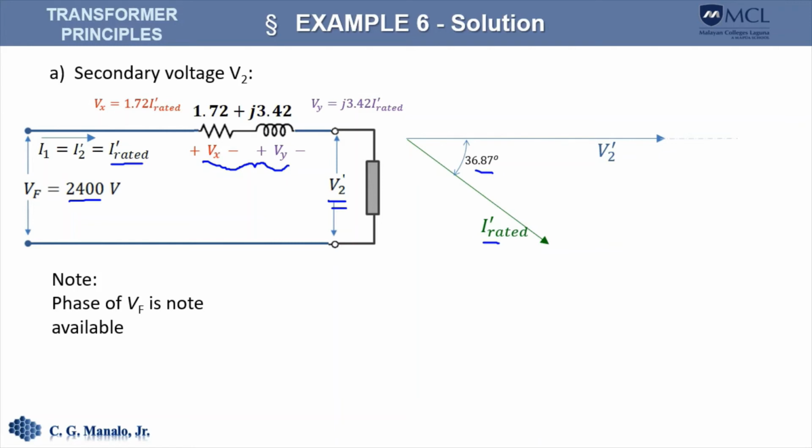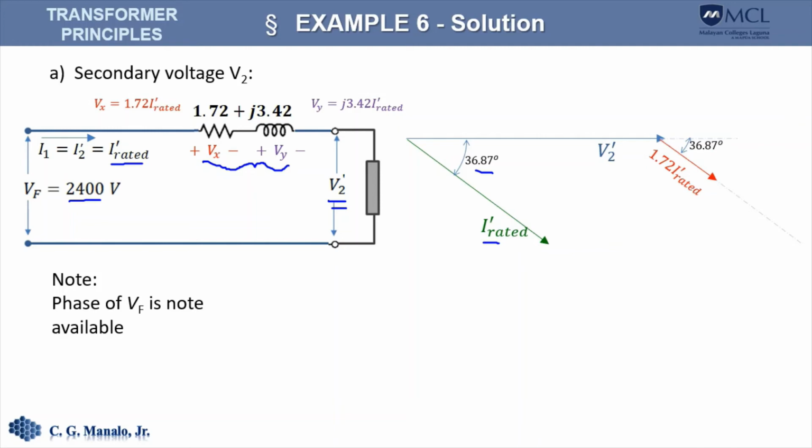We also plot the voltage across the resistive component, V sub x. So what should be the direction of V sub x? Well, this is a resistive component, so therefore the voltage should be in phase with I rated prime. So we can draw that voltage drop. It is shown in red.